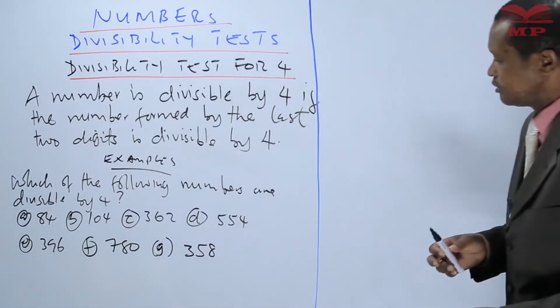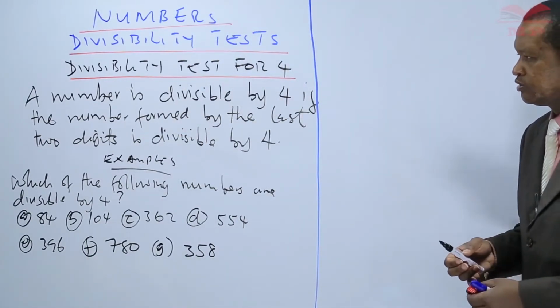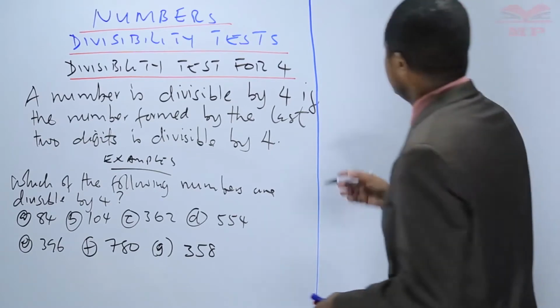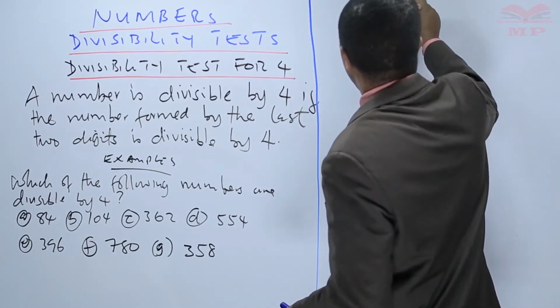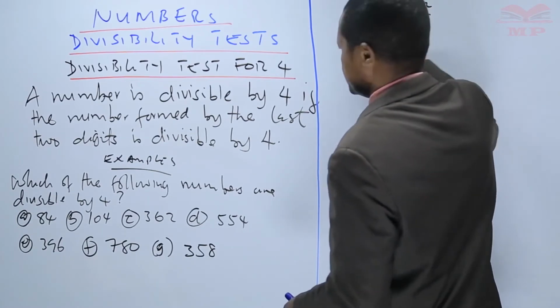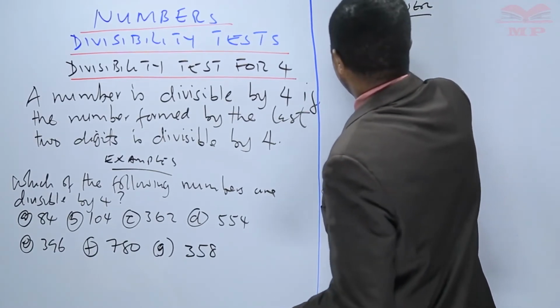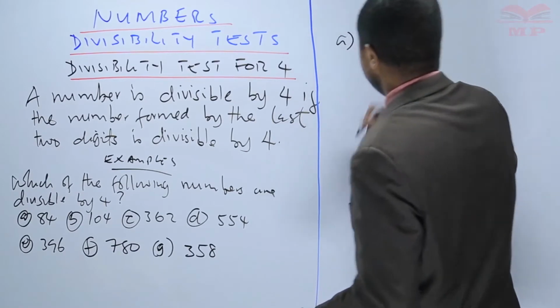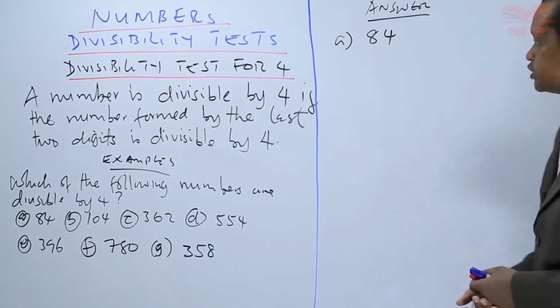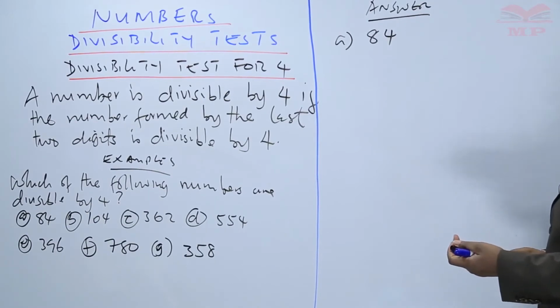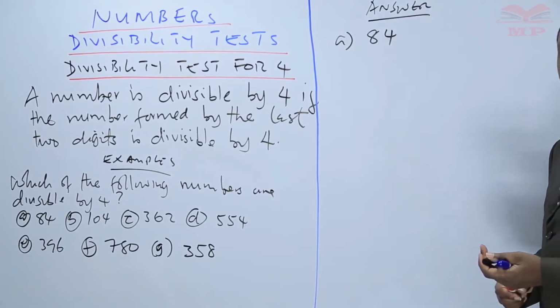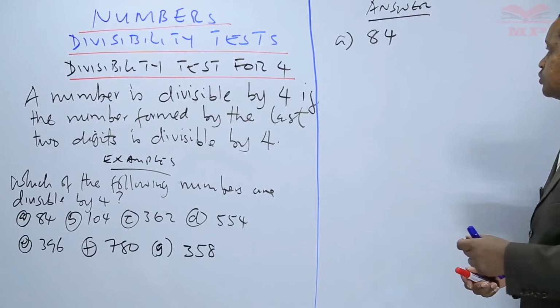Which of the following numbers are divisible by 4? So A, the first number is 84. How do you tell if a number is divisible by 4? You check the number formed by the last 2 digits.